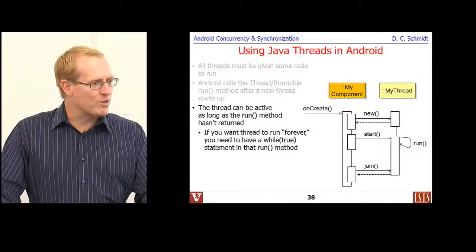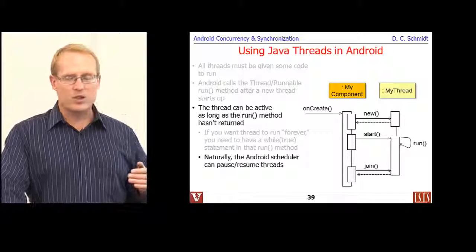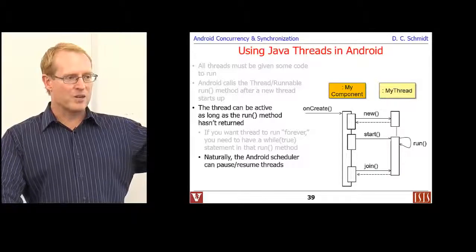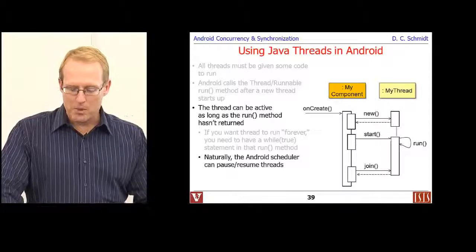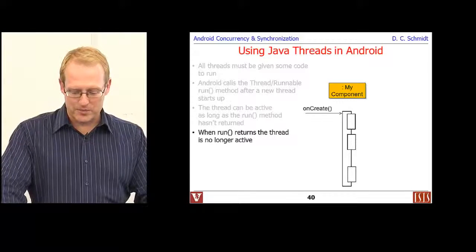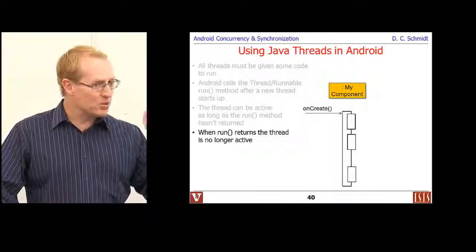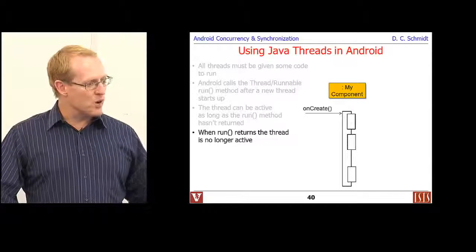So once things are up and running, then they're running concurrently. The Android scheduler, or the Linux scheduler really, can come along and say, I'd like you to stop running, please, because I need something else to take its turn. But essentially, you're logically active until you return. When run completes, when you fall off the end of run, then that thread goes away.